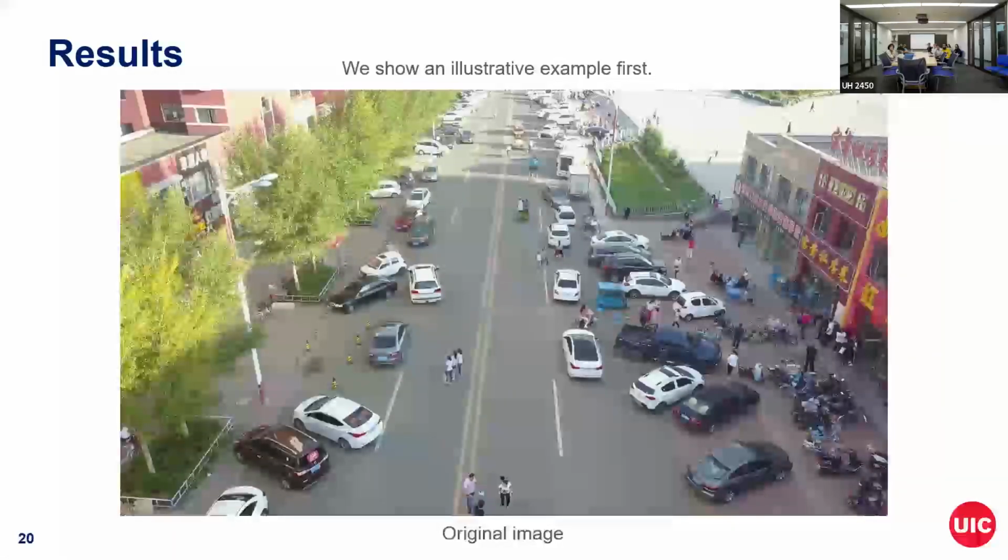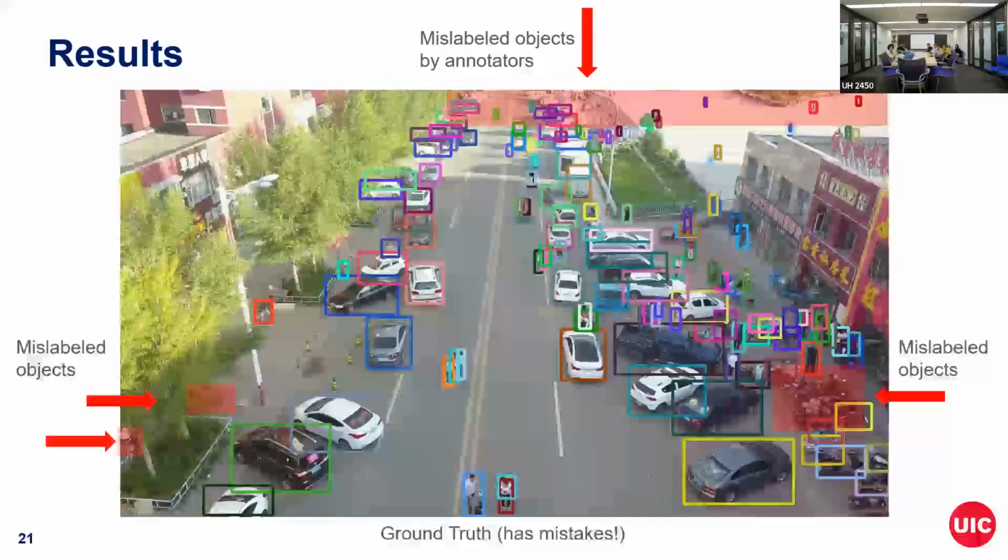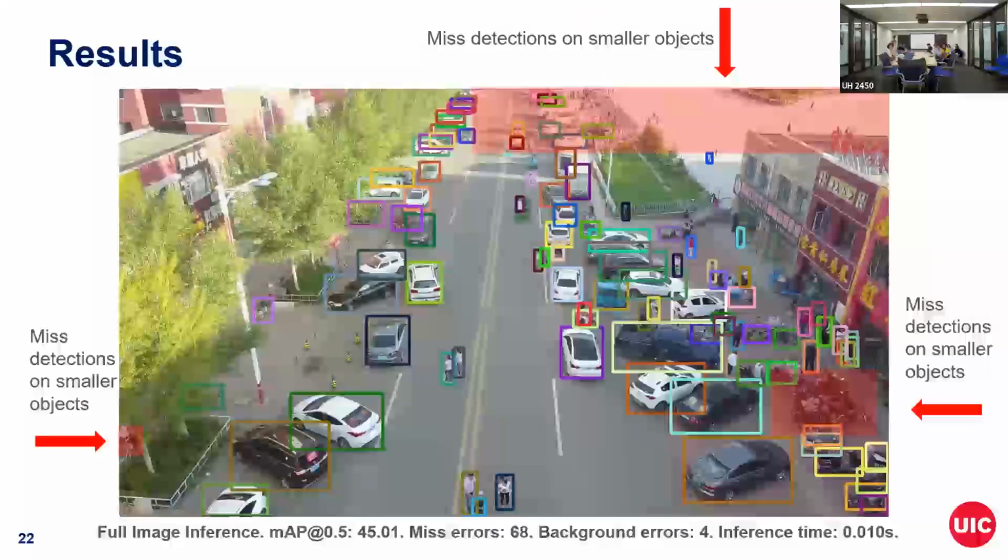Here's an illustrative example. We have an image of a street with a lot of cars and a lot of people. Here is the ground truth, which is human annotated. As you can see, even the human annotation has some mislabeled objects around the image. For example, there are some vehicles here that were not annotated.